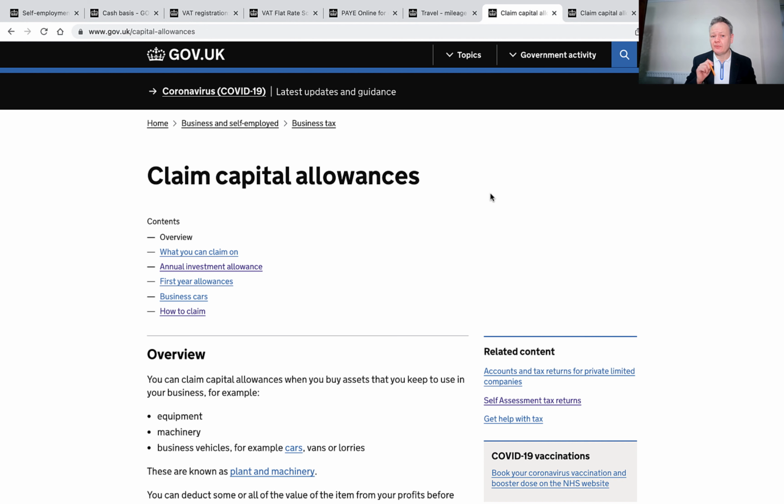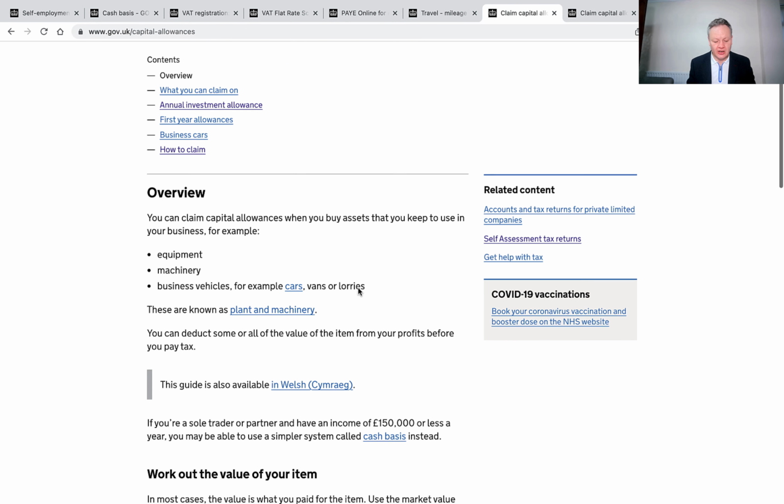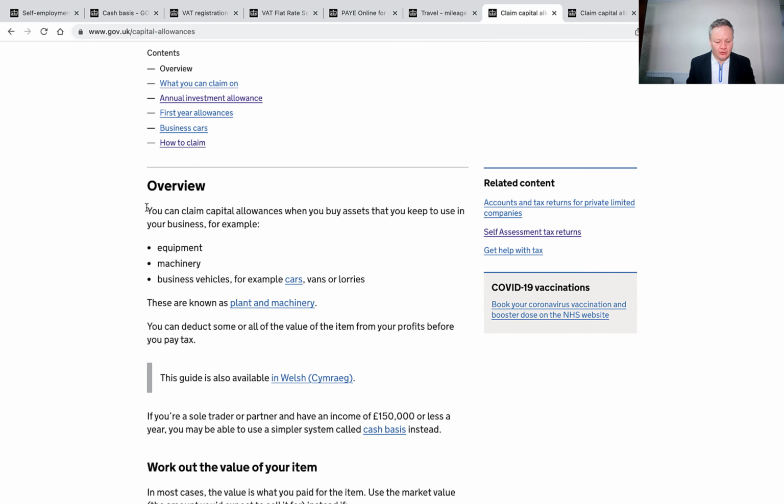But it doesn't stop there. And this is mistake number 8, whereby people do not use capital allowances. Well, what are capital allowances? This covers cars and other things. I've just gone into this page so you can have a look at it yourself. Google HMRC capital allowances, really, really good. You can claim capital allowances on all of this kind of stuff, as it says here, look at this.